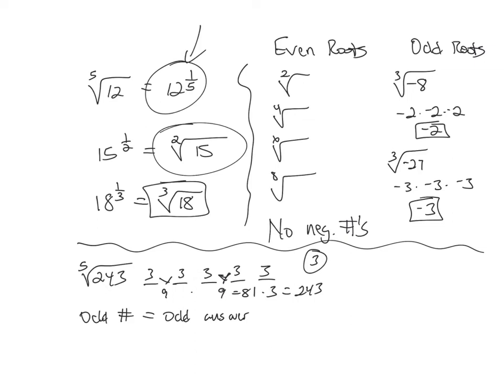So you will have some where they want you to figure out the answer, and you will have to do some guessing and checking. They might present the answer, or present the problem. Like that last one, they might say 243 to the 1/5 power. Well, I can't do anything with that fraction.